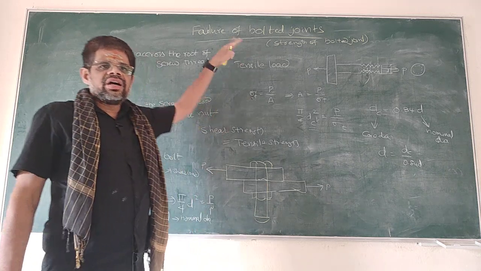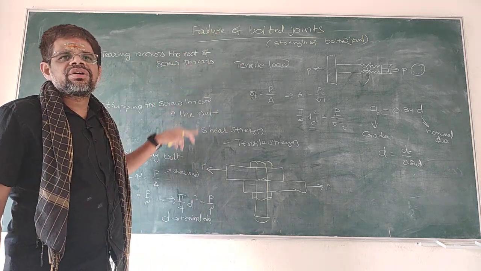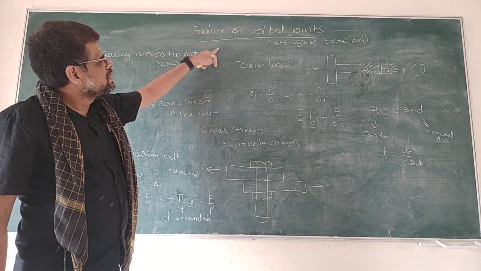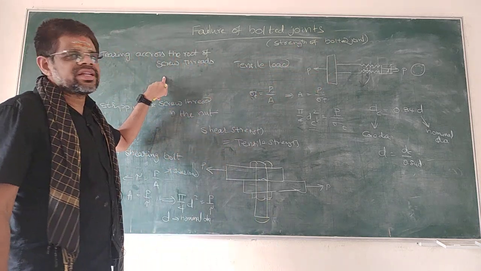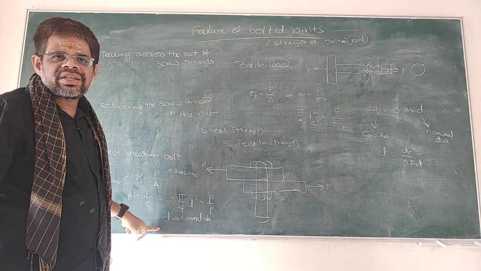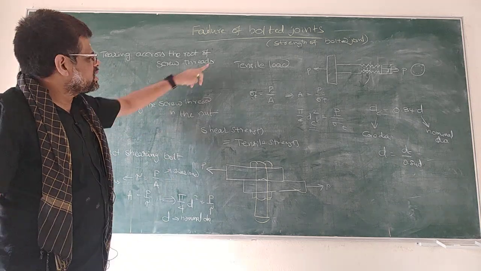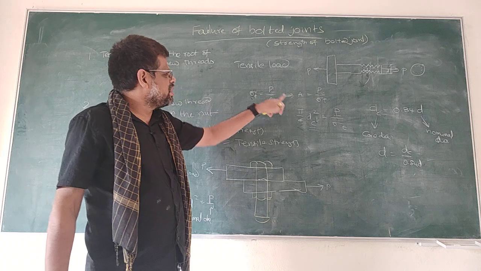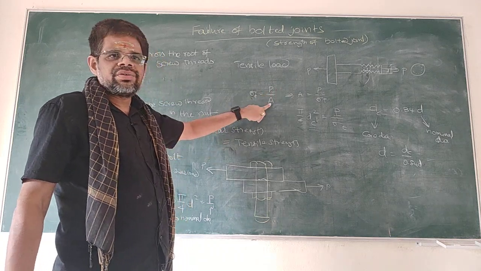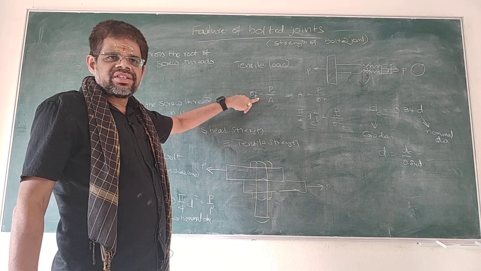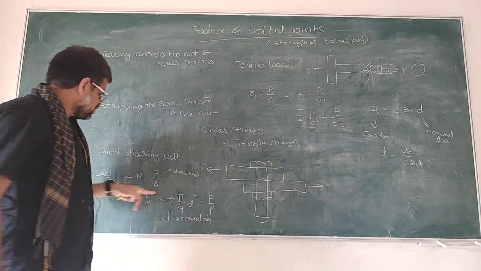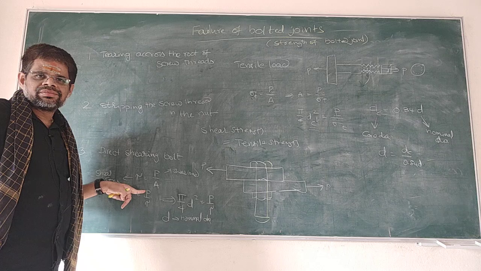So these are the possible types of failures, or this is the strength of the bolted joint. So here we have calculated the tensile strength, here we have calculated the shear strength. The tensile strength can be calculated by using this formula, P is equal to sigma T into A. So with this you can find out the tensile strength. Here by using this formula you can calculate the shear strength. Okay.